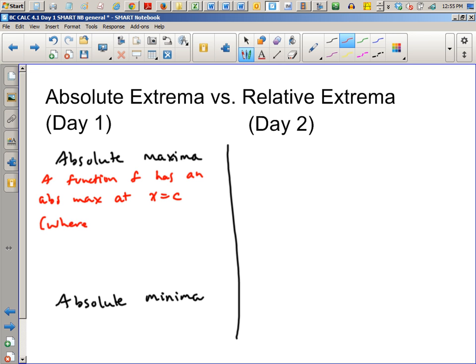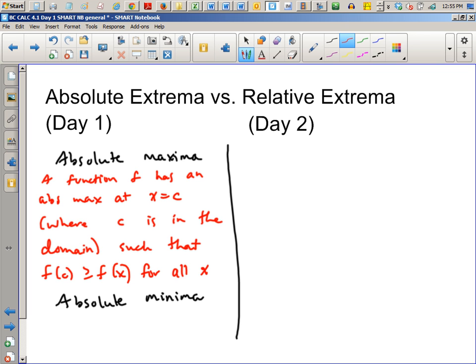So where c is in the domain, probably don't need to state that, you would assume that, such that f of c is greater than or equal to f of x for all x in the domain.